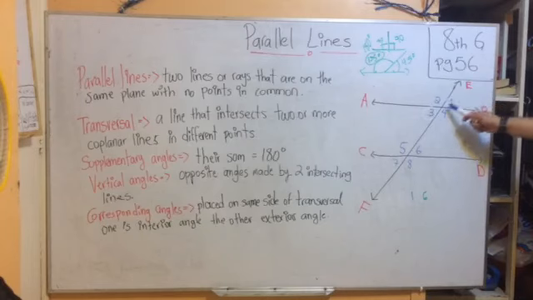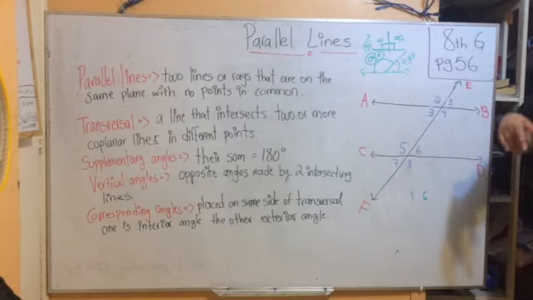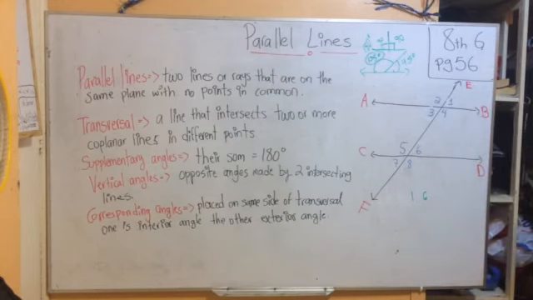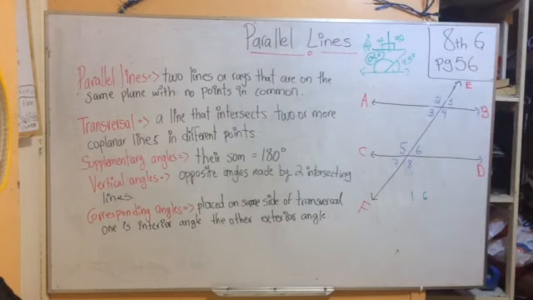The same thing happens with 1 and 7, and the same thing happens with 8 and 2. And this would be alternate interior and alternate exterior angles. So, these are the definitions that we need for the exercises that we're going to work on.